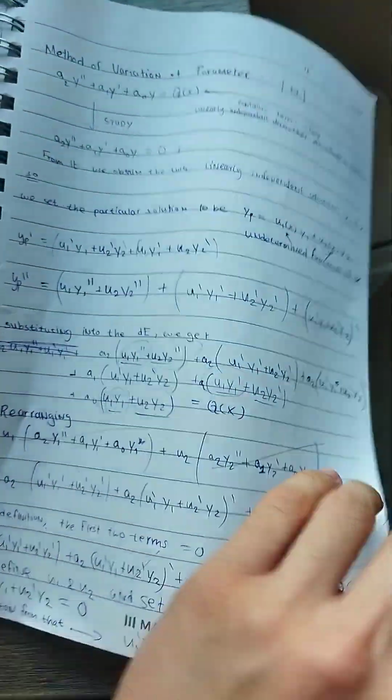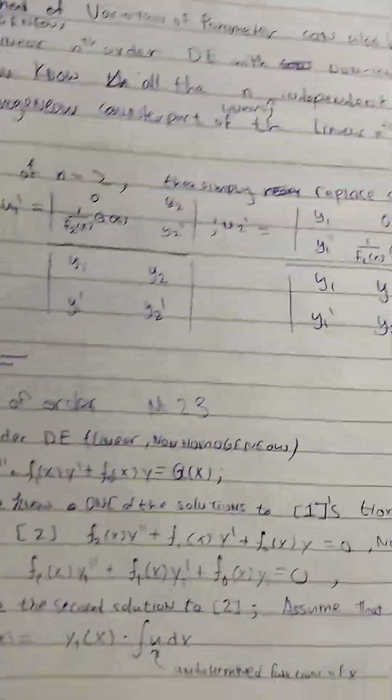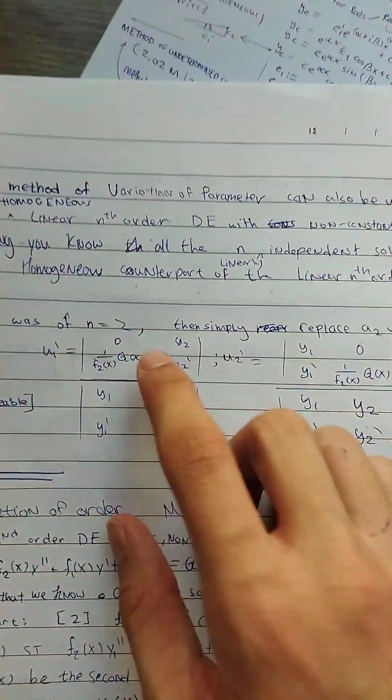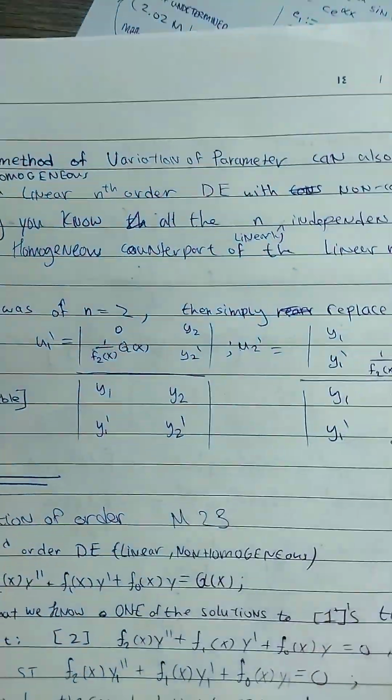So then you would obtain solutions in this form, right? Which is basically the same form that I gave you, but in this case a2 is equal to f2 of x.